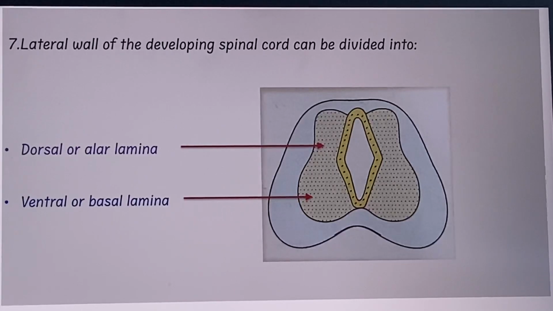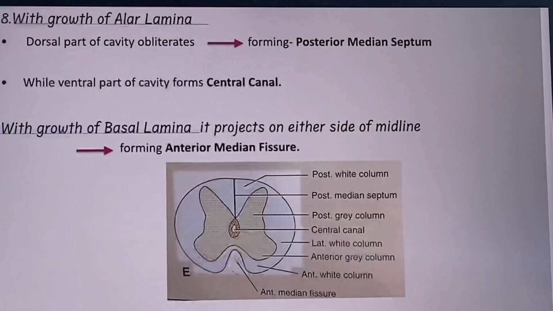The lateral wall of the developing spinal cord can be divided into dorsal or alar lamina and ventral or basal lamina. This is because of the appearance of the sulcus limitans with the growth of the mantle layer of the ventral portion of the developing spinal cord.